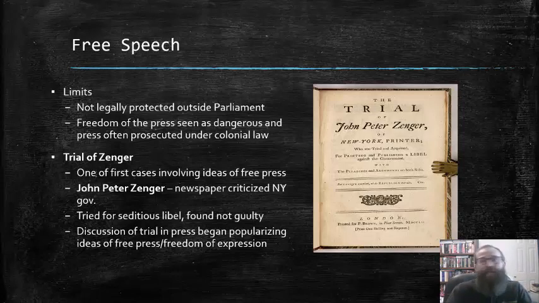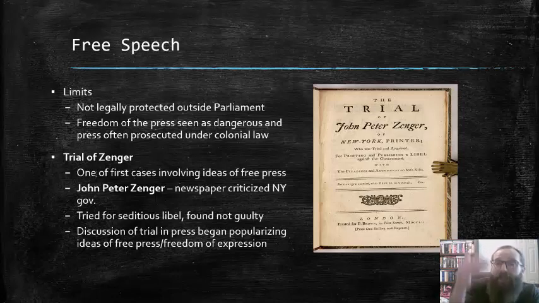However, outside of that, it was still considered potentially treasonous or seditious or provoking discord or dissent. Freedom of the press was seen as dangerous and actually often prosecuted under colonial law. All of this began to change in the 18th century as liberal ideas of individual rights became more and more associated with ideas of free speech.